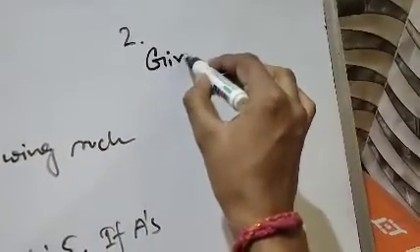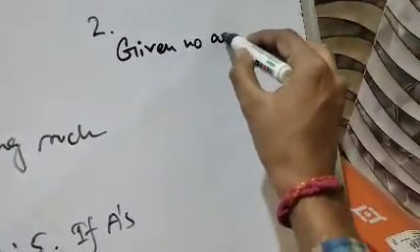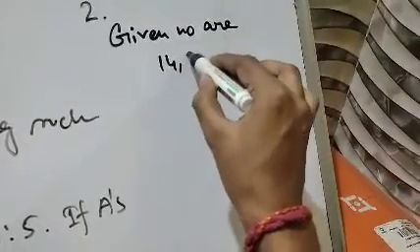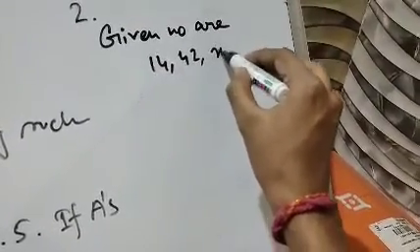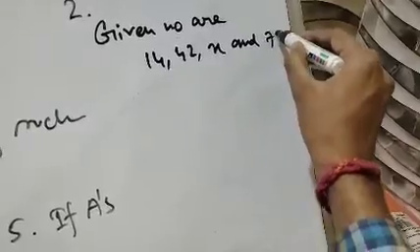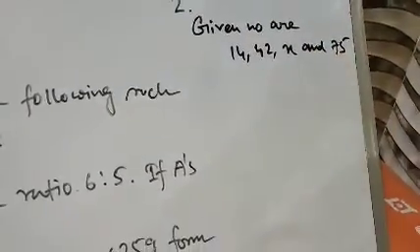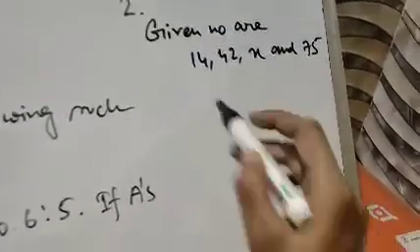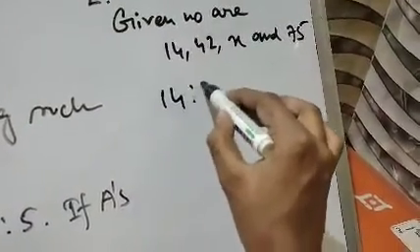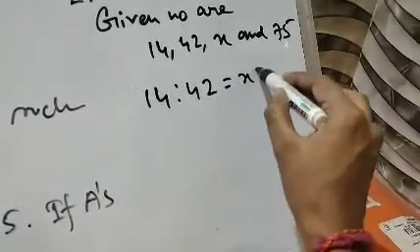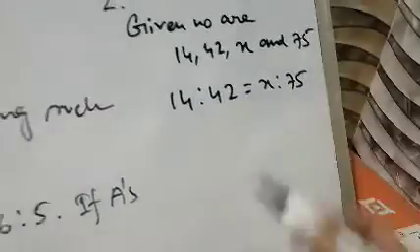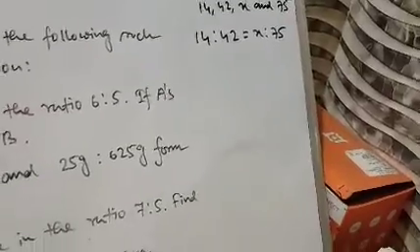So the given numbers are 14, 42, x and 75, and it is given that these numbers are in proportion. Therefore we can write 14 is to 42 equals x is to 75, because these numbers are already in proportion as given in the question.